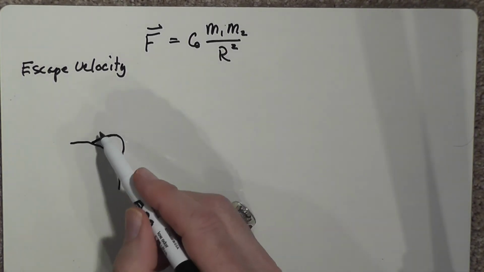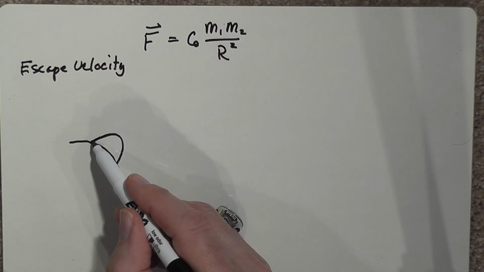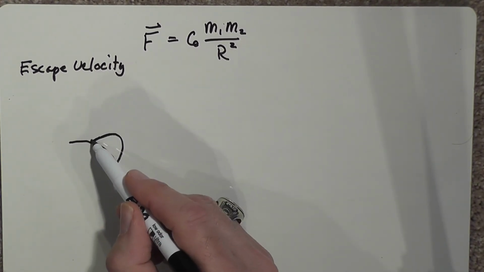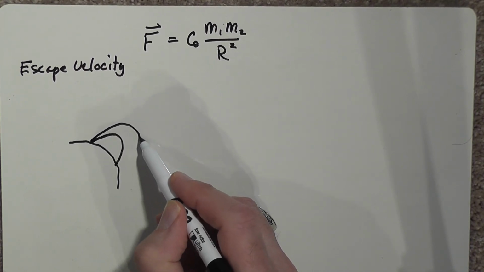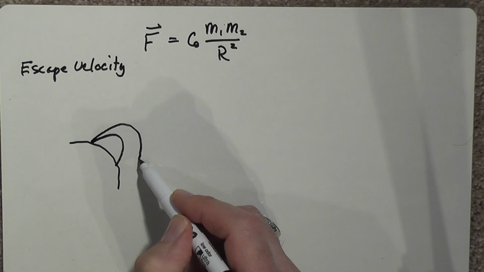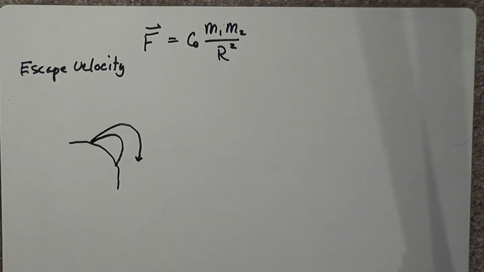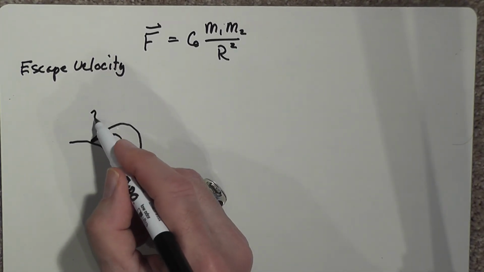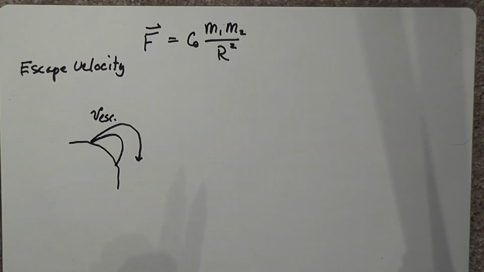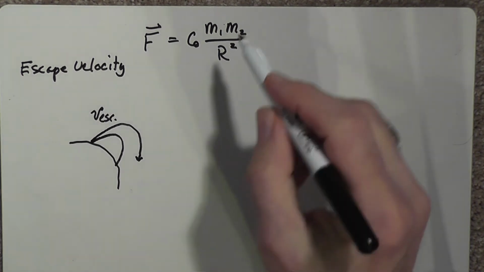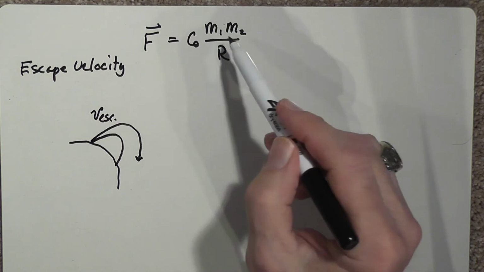If it has enough kinetic energy, then it has enough speed that when it comes back down, it will miss Earth and go into an orbit. So we need to find what this velocity is that will do that.